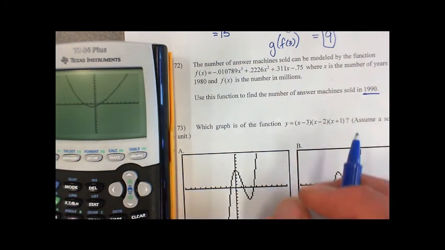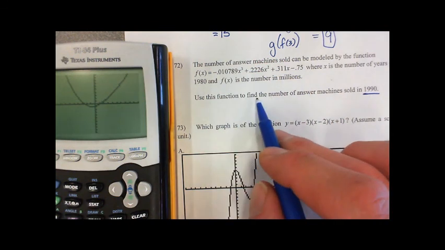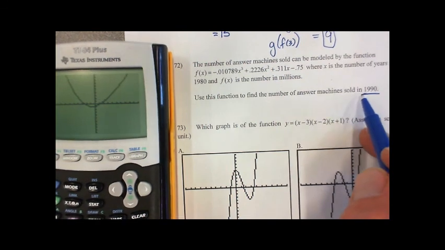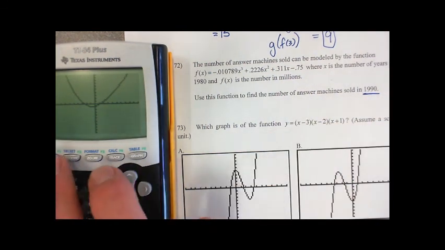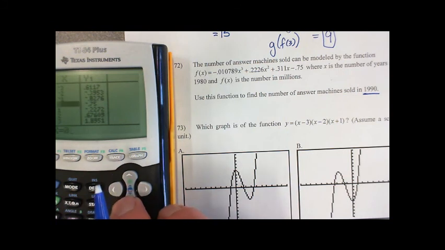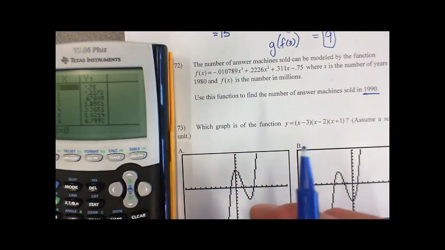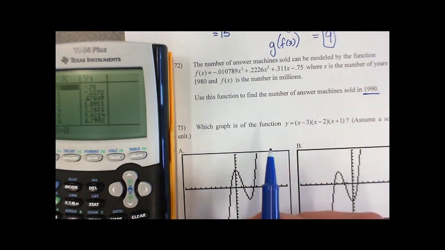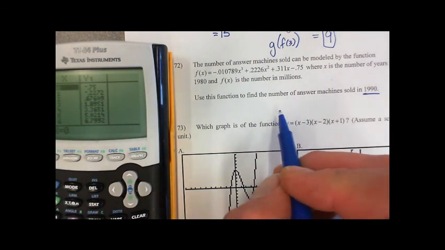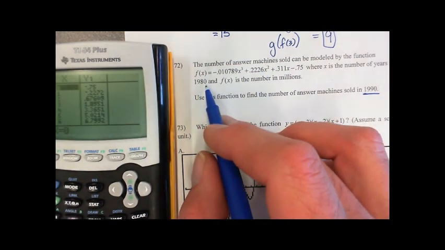Okay, and we want to use the function to find the number of answering machines sold in 1990. Well, if we go to our table of values, based off of this graph, X is the number of years since 1980.